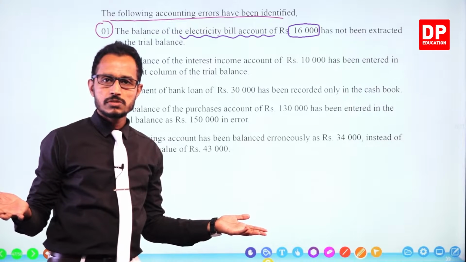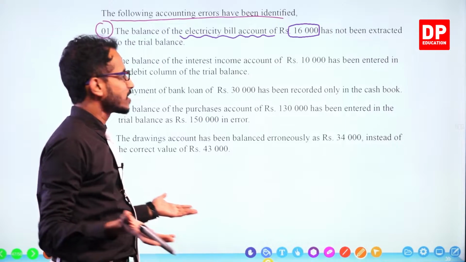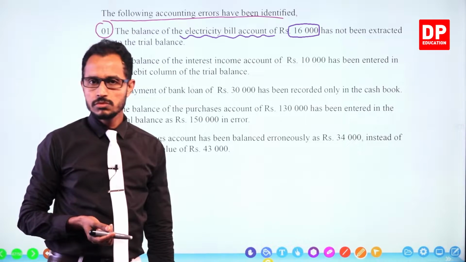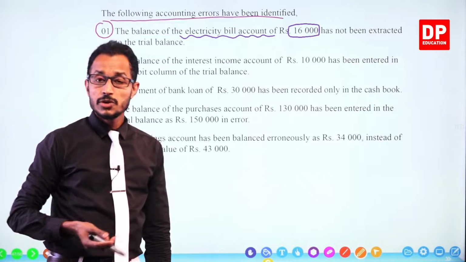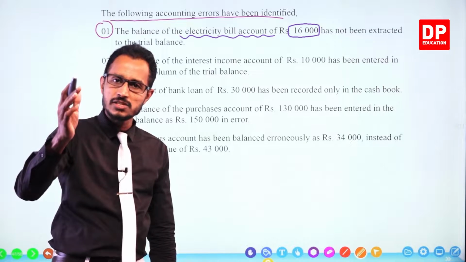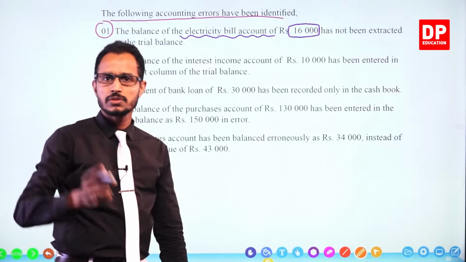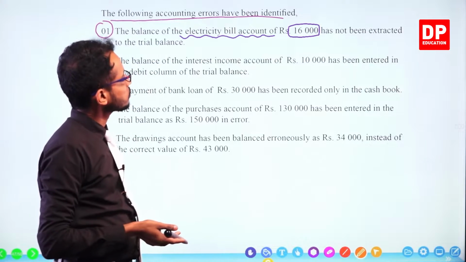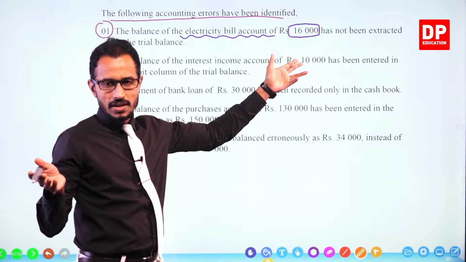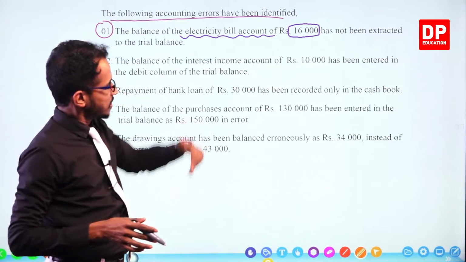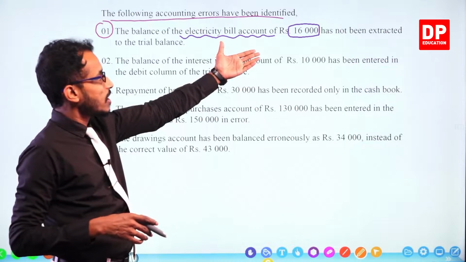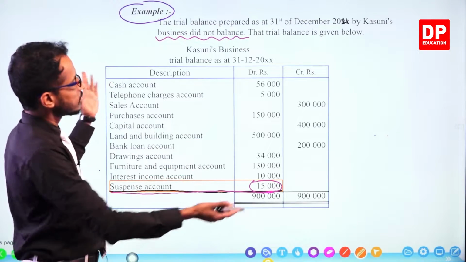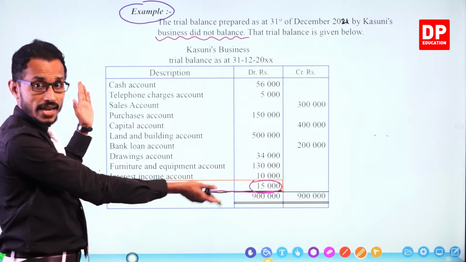My dear students, oh my God, you can't miss the balances of ledger accounts when you prepare the trial balance. You must take every single balance of every single account. There's no doubt about that. Whoever the bookkeeper or the assistant who prepared this trial balance, he has missed the electricity bill account.